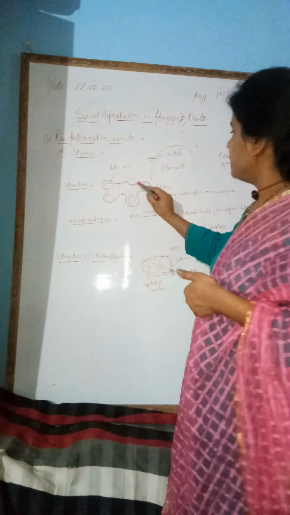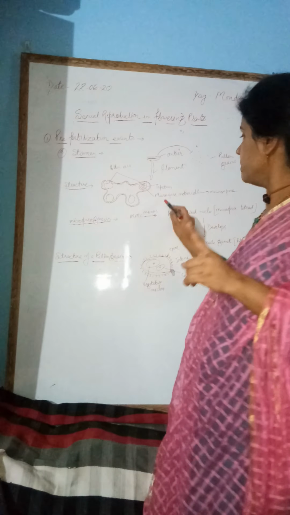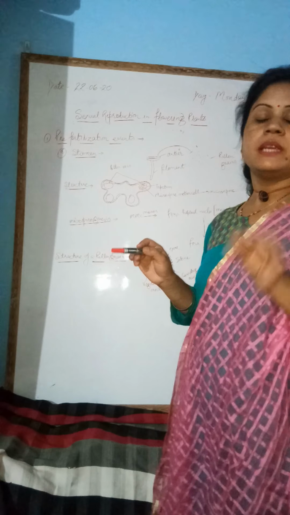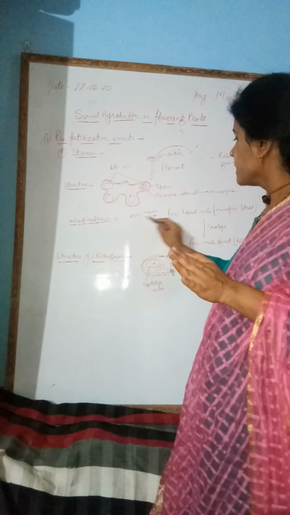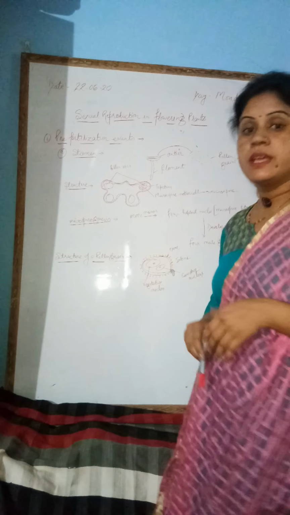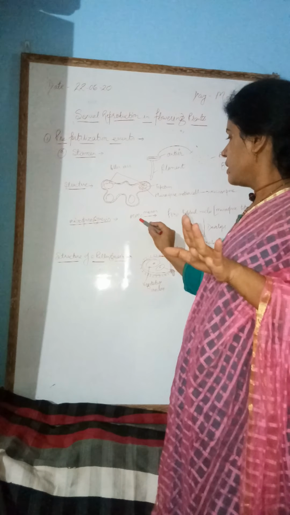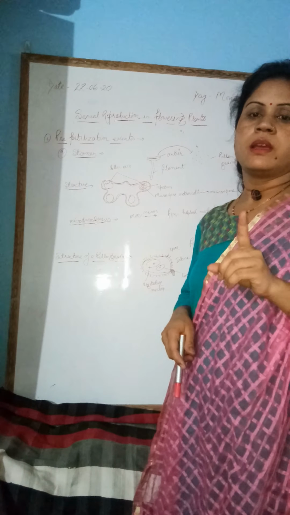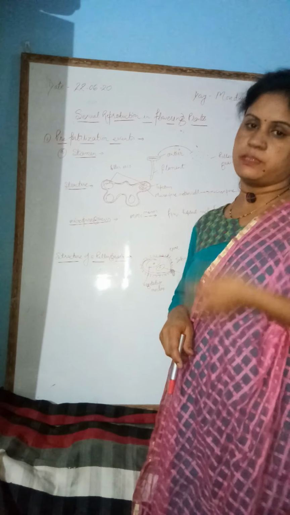Inside one pollen sac, inside the tapetum, there are a number of microspore mother cells. The nucleus of each microspore mother cell undergoes meiosis division. You know that meiosis is always present where gamete formation takes place.